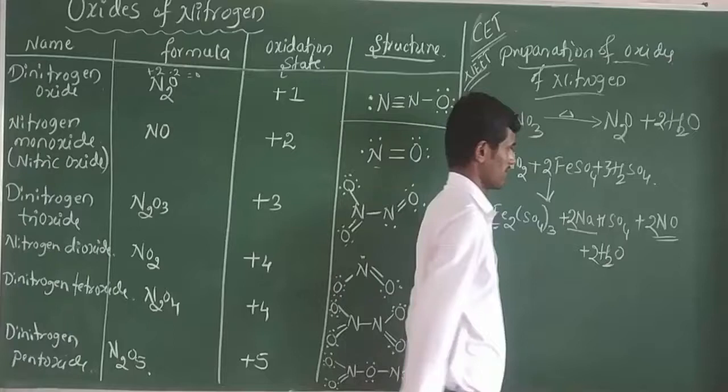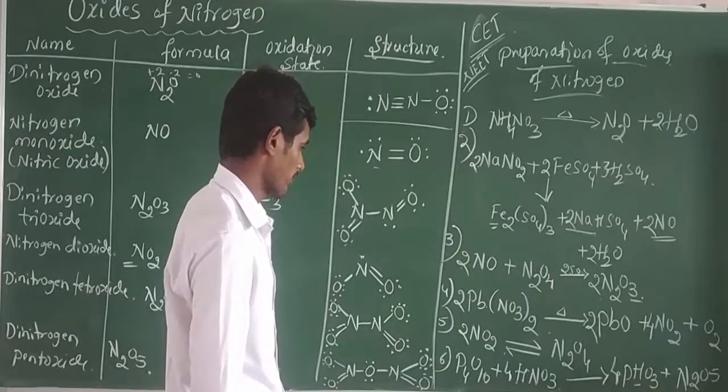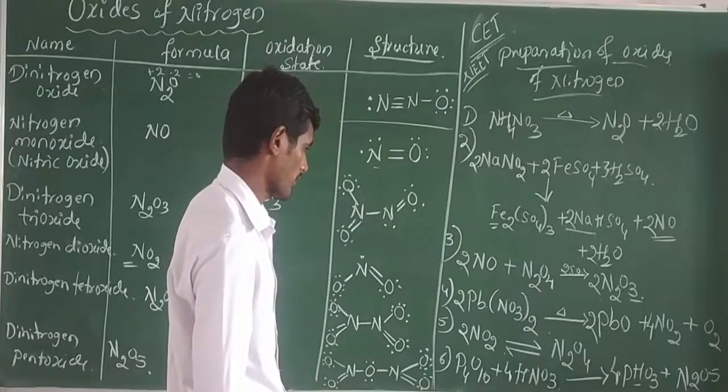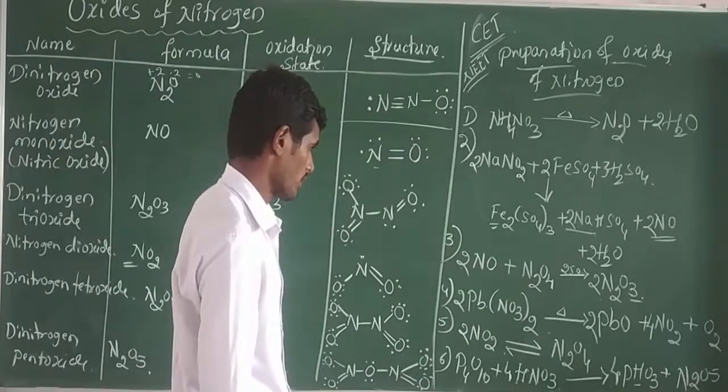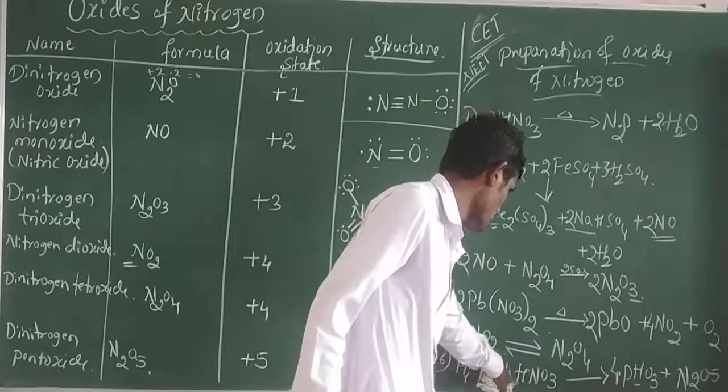How many nitrogens? Sorry, P4. Therefore, this one is 4 moles of HPO3. Then hydrogen becomes 4. What about hydrogen? 4 hydrogen.